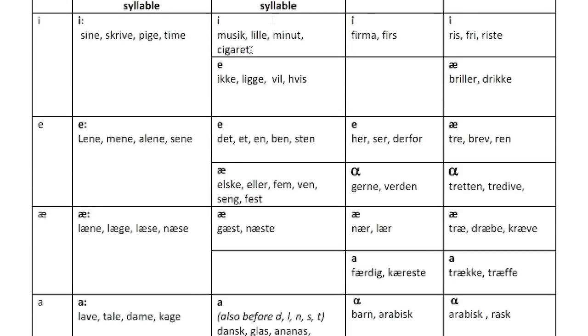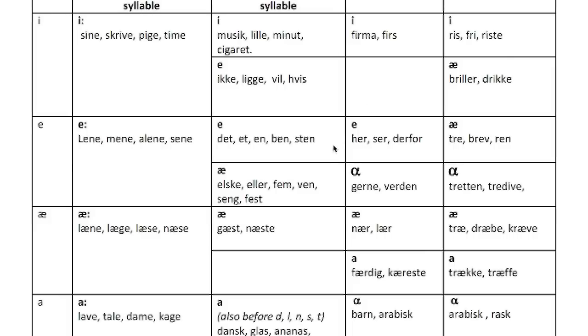Then in closed syllable, when it is short, it can sink down to the next one, just as it was in the case with the first I. Let's see, we have the letter E, but the sound will be the more open one. Elske, eller, fem, ven, seng, fest.